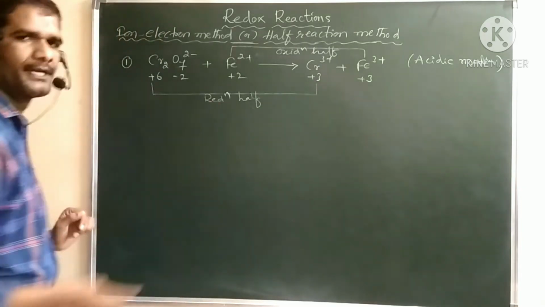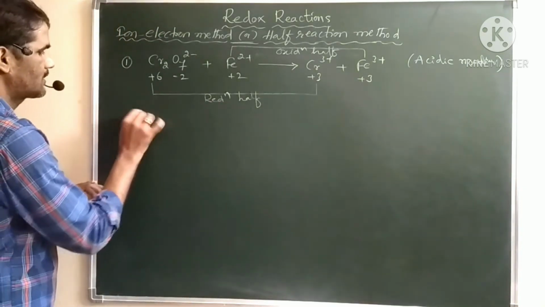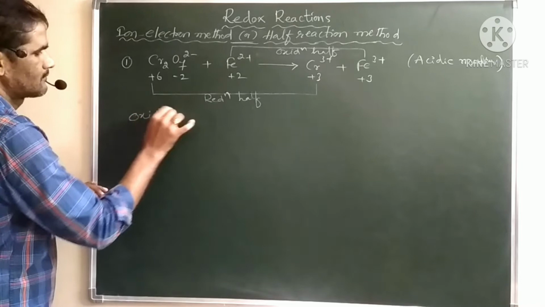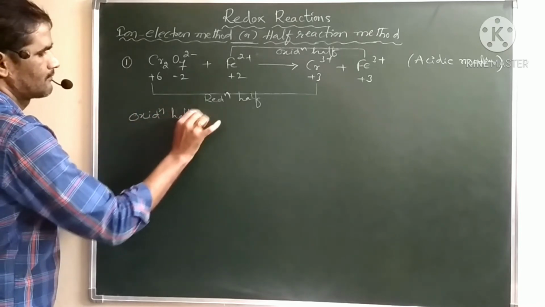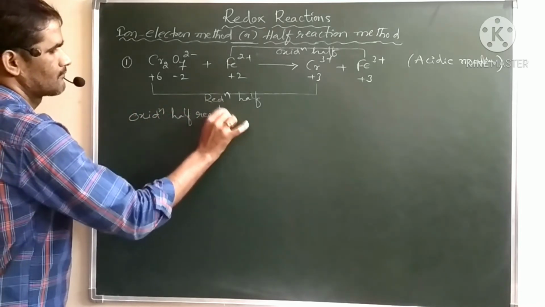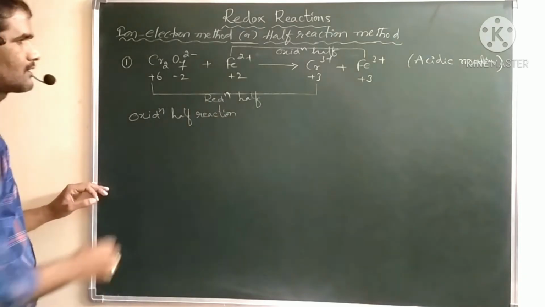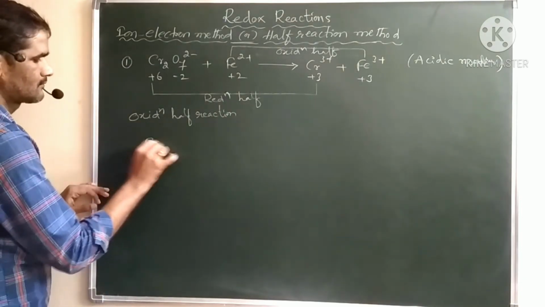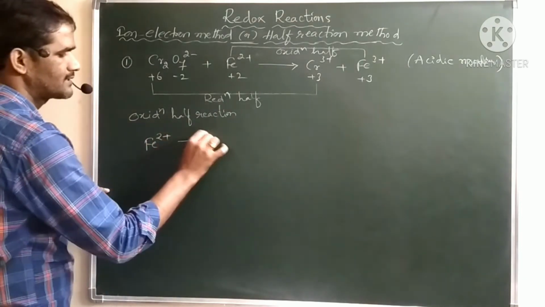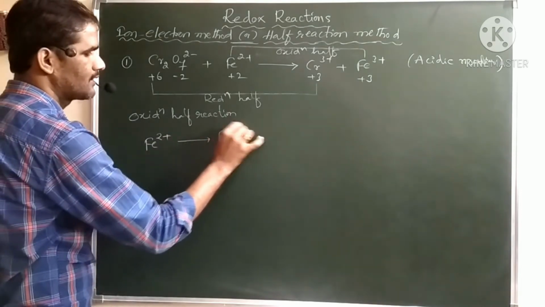Now we will make them separate. I will write oxidation here. What is that oxidation reaction? Iron 2+ is giving iron 3+.